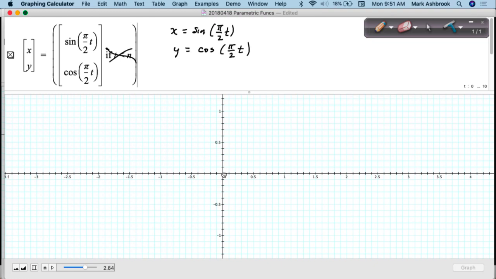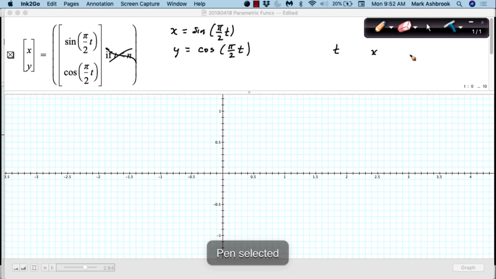So you should ask yourself, what does x do? What is the x-coordinate going to do as t goes from, say, 0 to 1? You can make a table, like we did. Anybody? Yeah. 0 to 1, right?